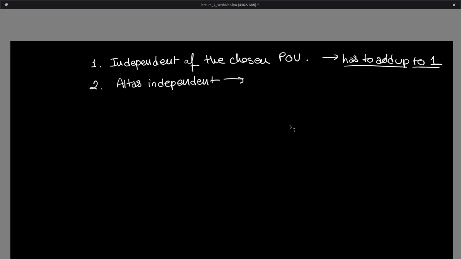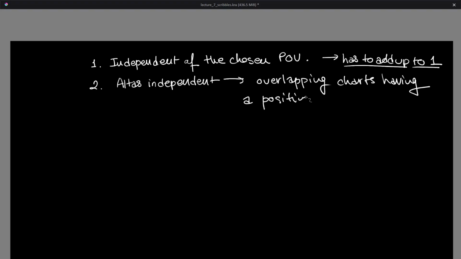It's atlas independent because of what we said about overlapping charts having a positive Jacobian determinant.